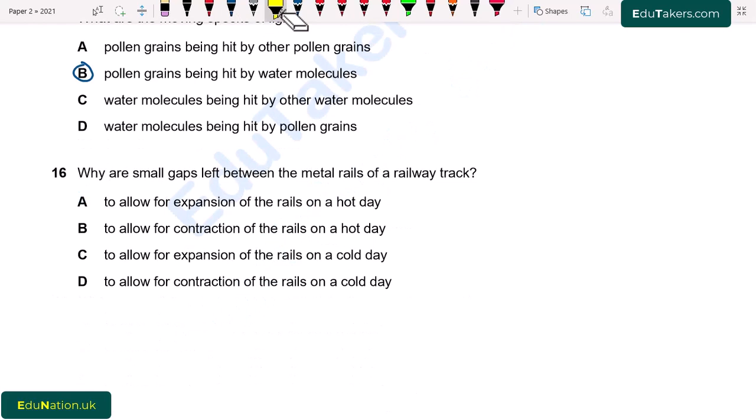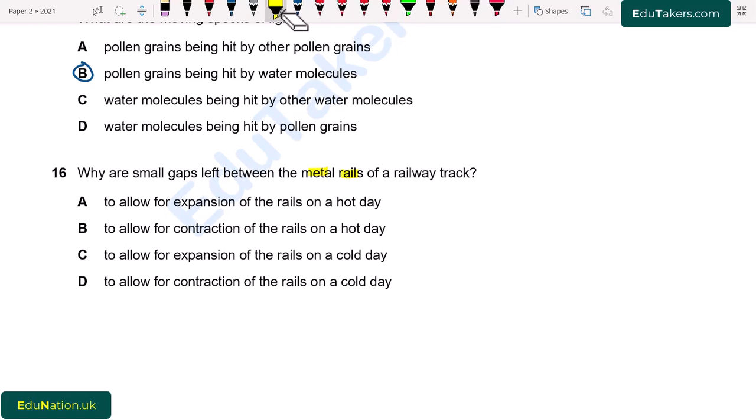Question number 16. Why are small gaps left between the metal rails on a railway track? So it is because on a hot day there will be expansion of the rails. So option A, to allow for expansion of the rails on a hot day.